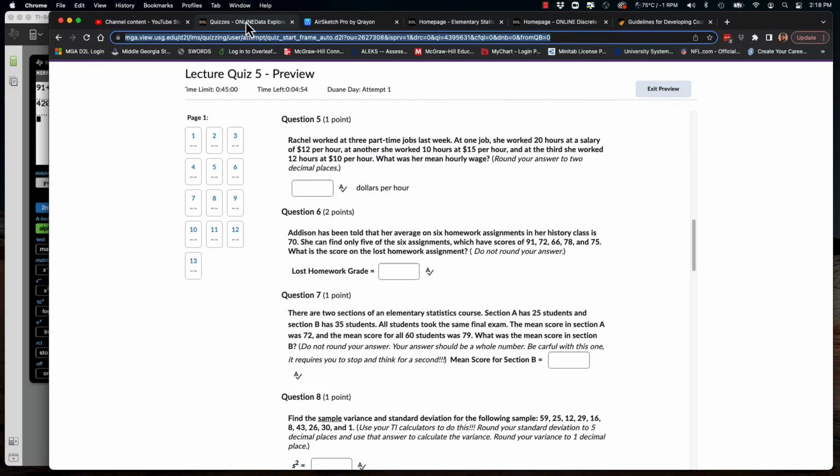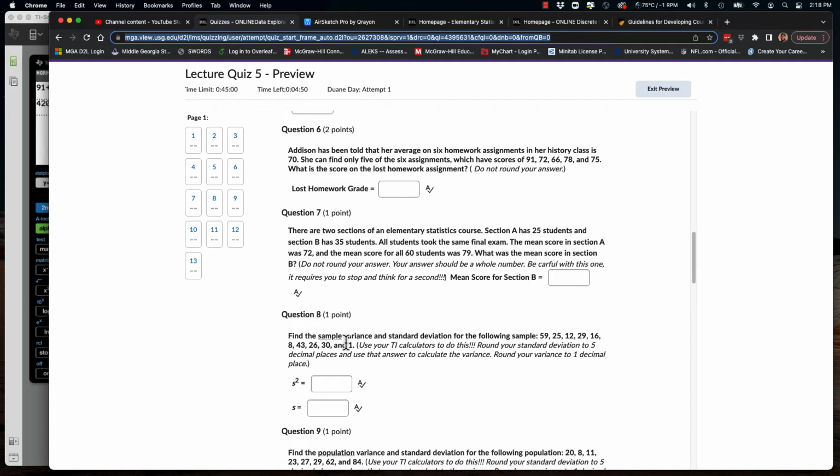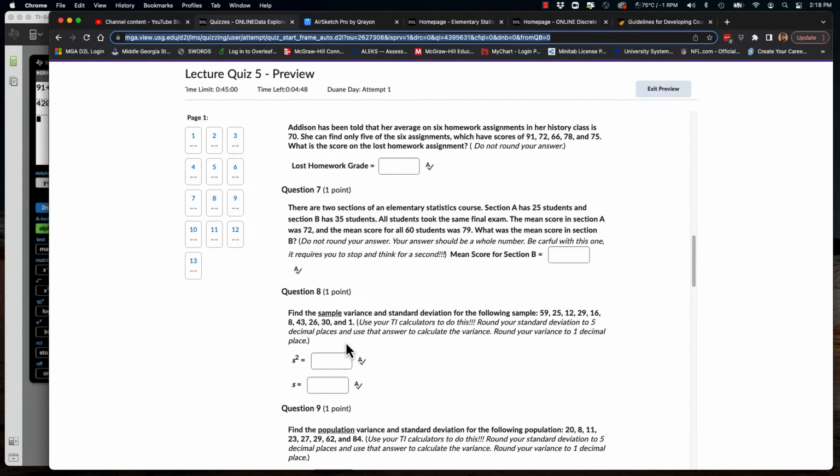What about the next one? The next one I want to do was question 7. This one was a little bit more difficult, but it's still revolved around a similar concept from question 6 and computing a mean. And so here we're given information about two different statistics classes, section A and section B. Section A had 25 students and section B had 35 students.